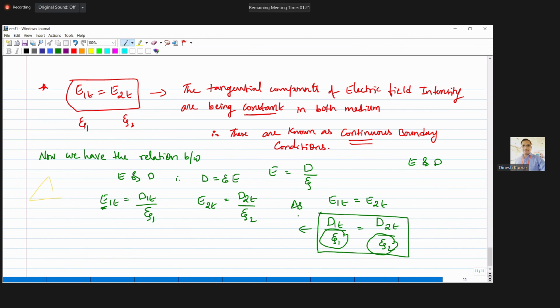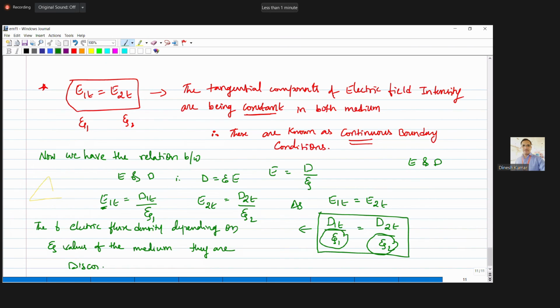Therefore they are discontinuous. These conclusions are important for us, this equation and this equation.